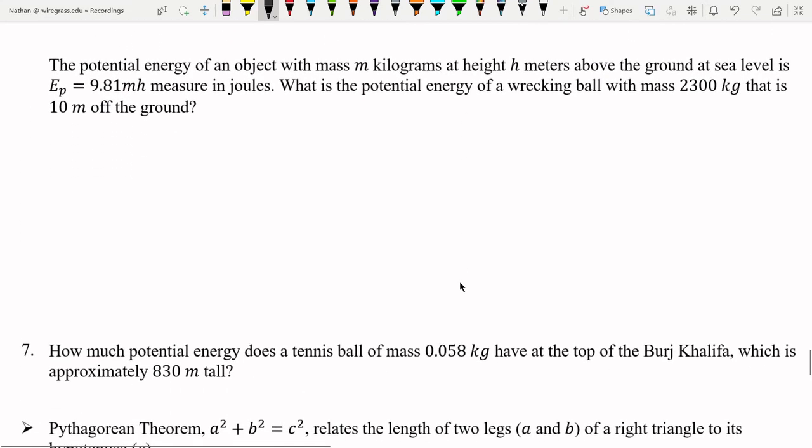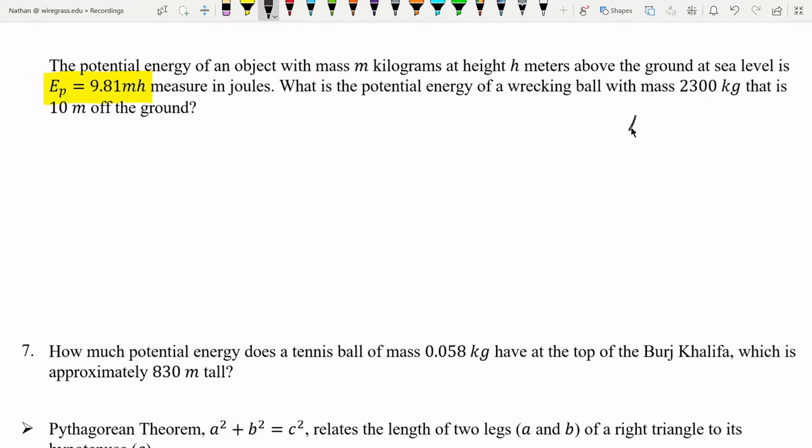Okay, the potential energy of an object with mass m kilograms and height h meters above sea level, of course, is this expression here, this formula. And the energy that we're going to find is measured in the unit joules. Okay, what is the potential energy? That's what we're talking about here.